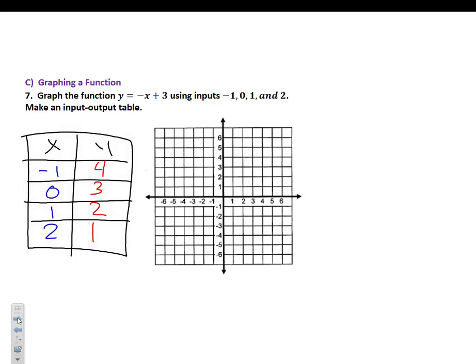So now we're going to say, hey, these are our ordered pairs: negative 1, 4, 0, 3, 1, 2, and 2, 1. And we're actually going to graph those points. Negative 1 and 4. We have 0, 3. We have 1, 2. And we have 2, 1.